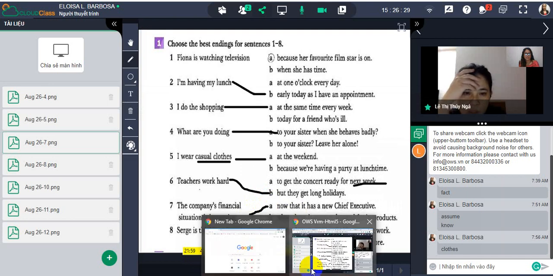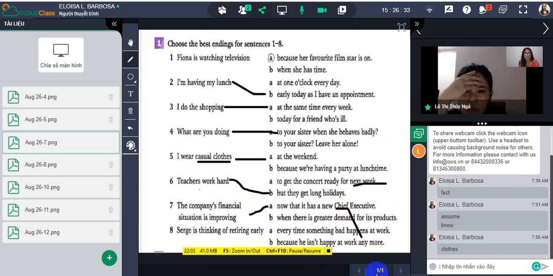Very good. Cheap. This one is cheap. Executive. Yes, executive.